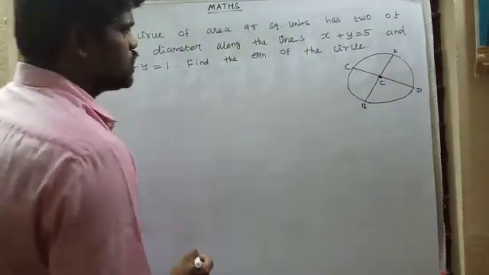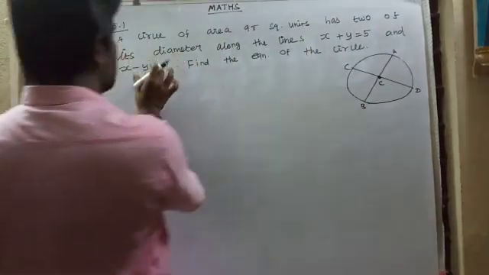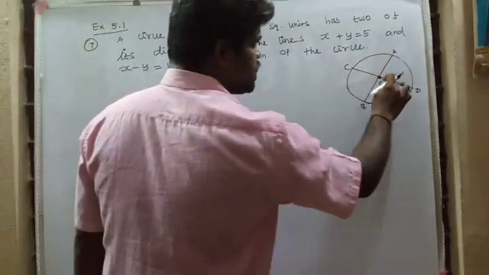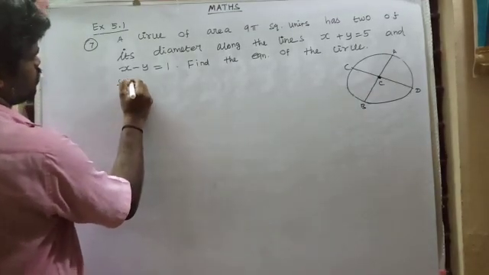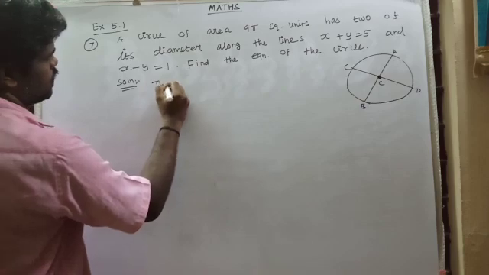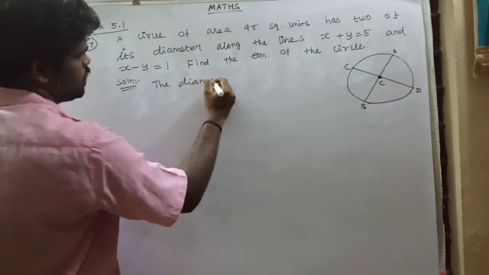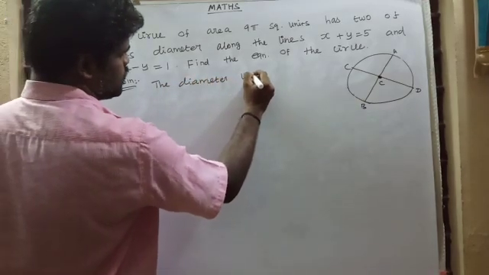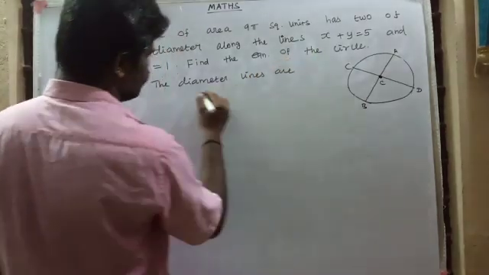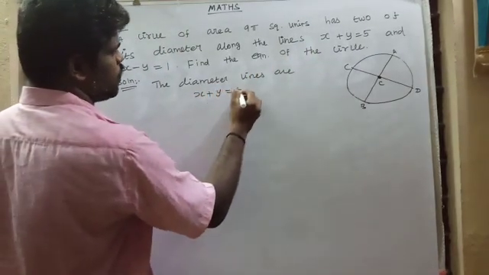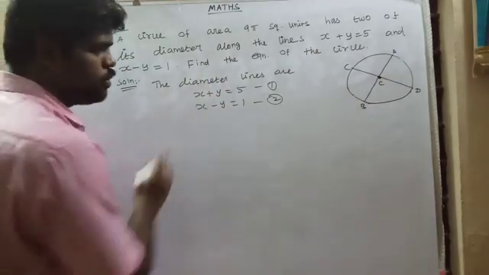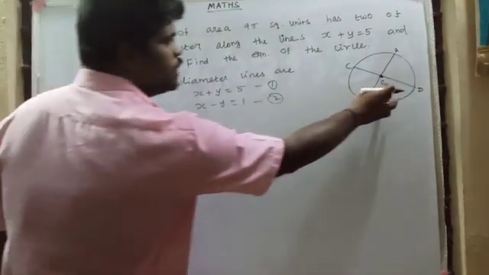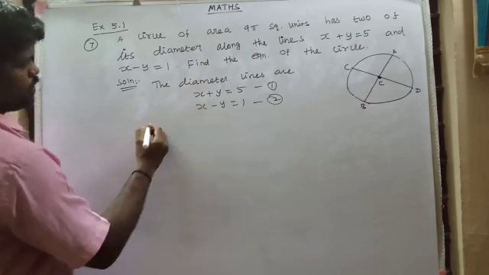First of all, we have to solve these two line equations. The point of intersection is the center. The diameter lines are one is x + y = 5 and another one is x − y = 1. This is equation 1, this is equation 2. We want to solve and we get the center of the circle.